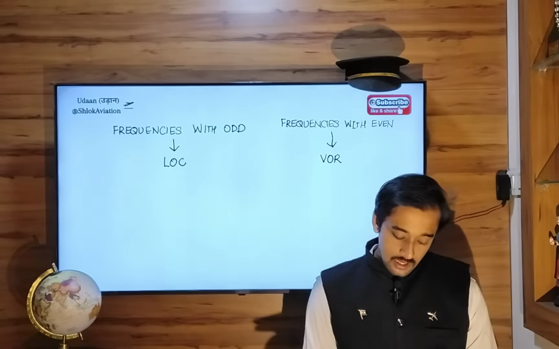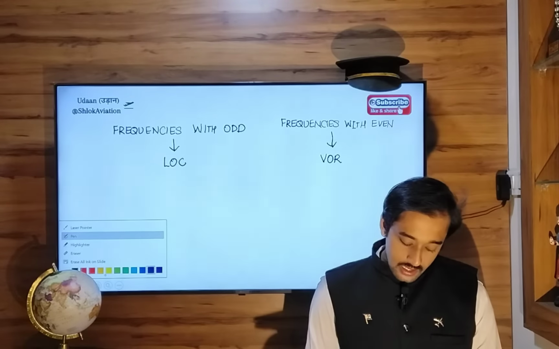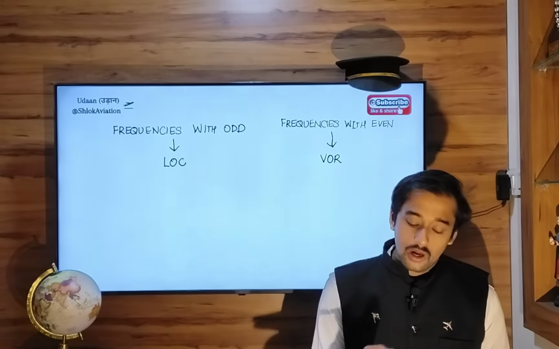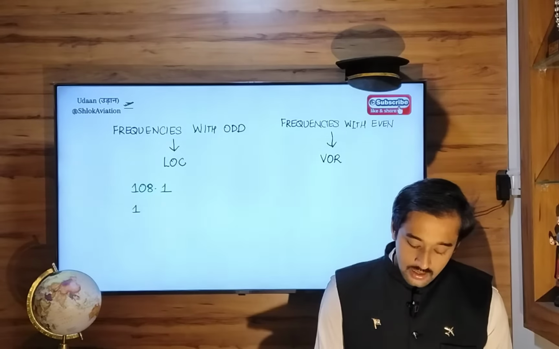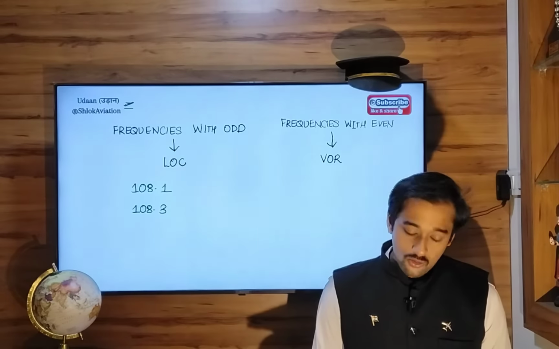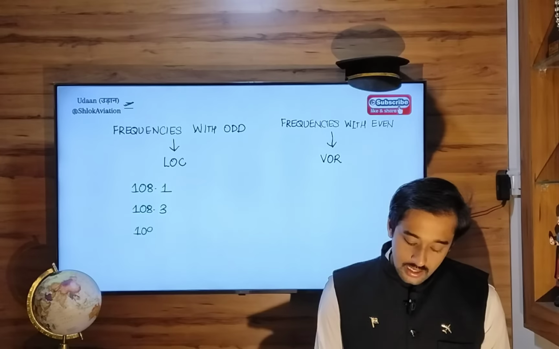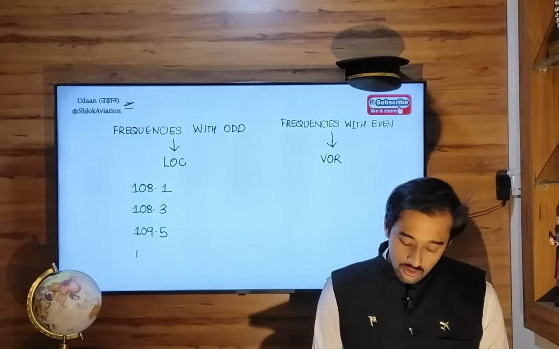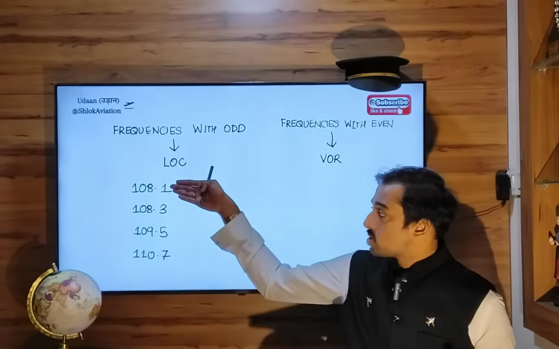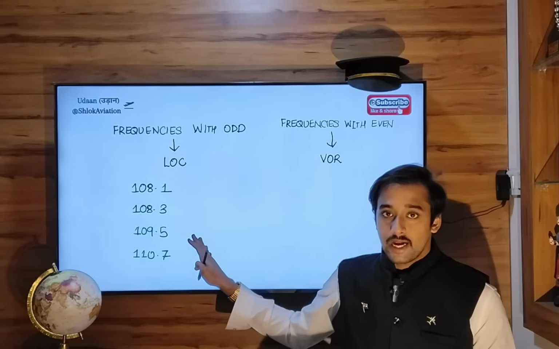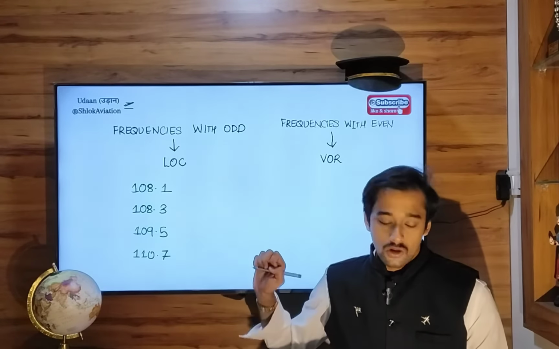Meaning what? For example, starting from 108, for localizer, odd decimal: 108 decimal 1, 108 decimal 3, 109 decimal 5, 110 decimal 7. So the decimals should be odd numbers. Those frequencies are allotted to the localizer.